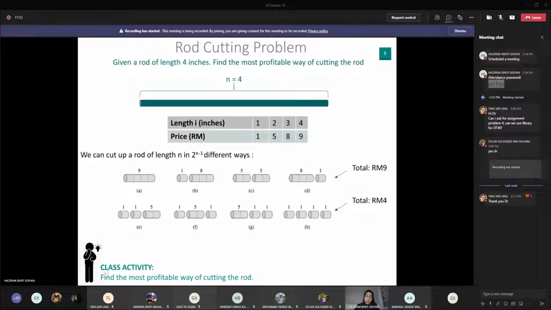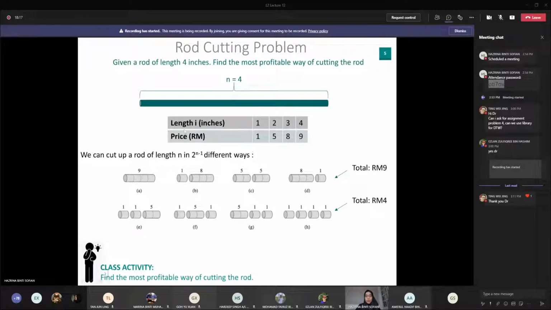Because for dynamic programming, what we do is we try to find all possible solutions, then we pick the best. So our global solution is always an optimal solution. For sure, it is optimal, because we already try all sorts of ways.